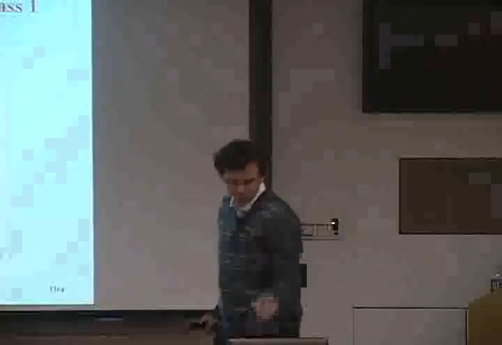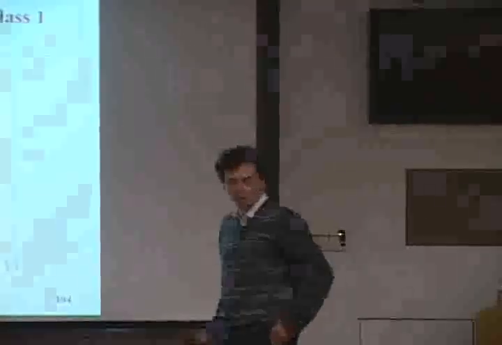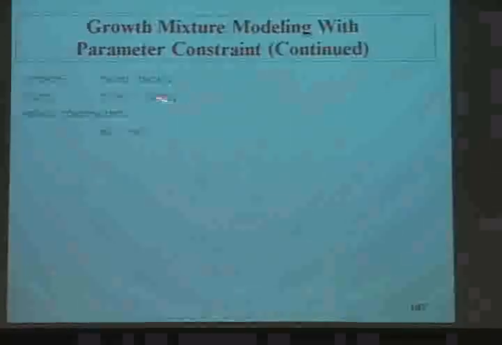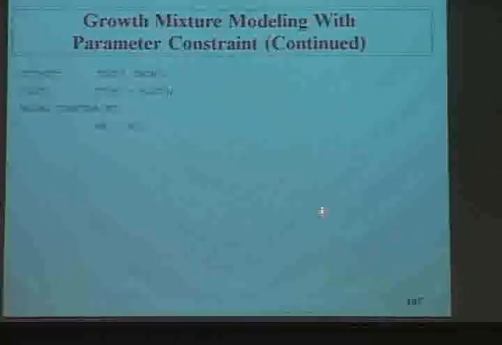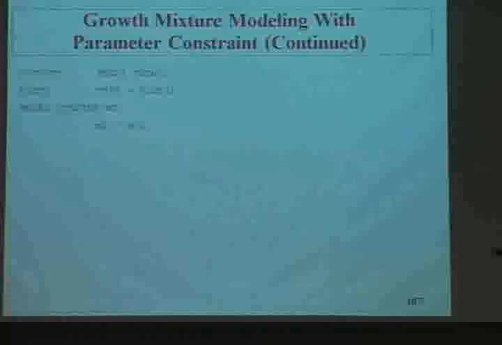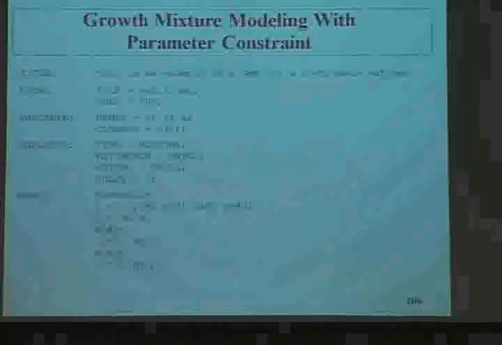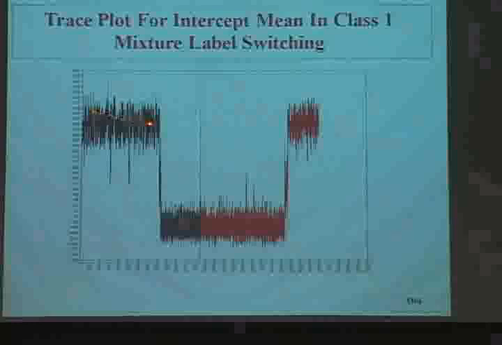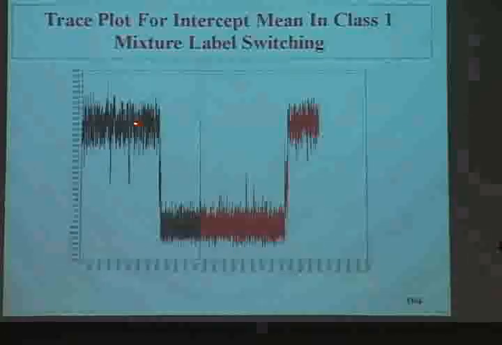Another thing here is about this label switching problem. The question really is how do you actually know which parameters to use in this model constraint? I knew, because I generated the data, that this is the only identifying parameter for the mixture models. But in a complicated model, you're not going to know. And then you have to find it. And you're going to find it in the trace plots. You're going to look at this first parameter, and this is the mean, again, of the intercept in the growth model.